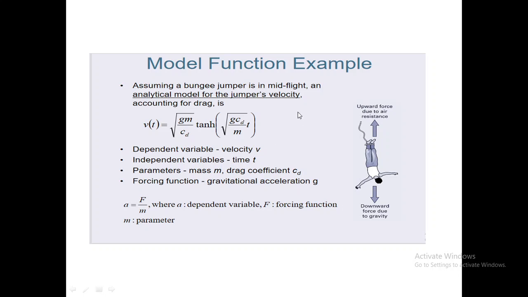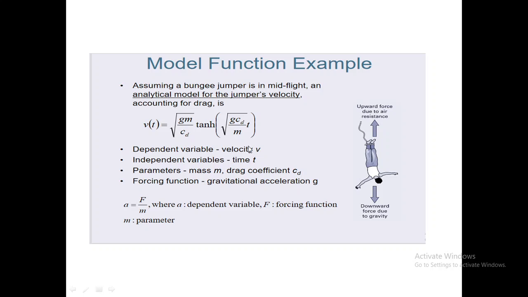We are assuming a bungee jumper in mid-flight and an analytical model for the jumper's velocity. According to the drag force, there is an upward force due to air resistance and a downward force due to the acceleration of gravity.